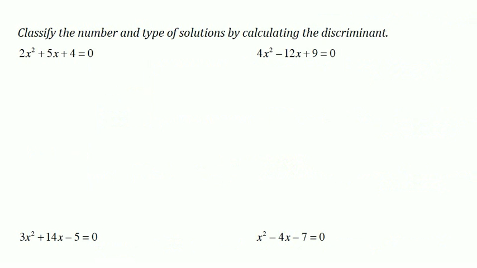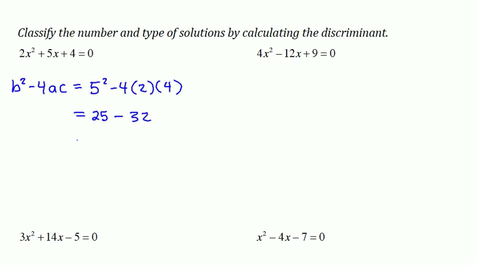Classify the number and type of solutions by calculating the discriminant. For each of these, we're just going to find b squared minus 4ac, which in this case is going to be 5 squared minus 4 times 2 times 4. This is equal to 25 minus 32. So my discriminant is -7.